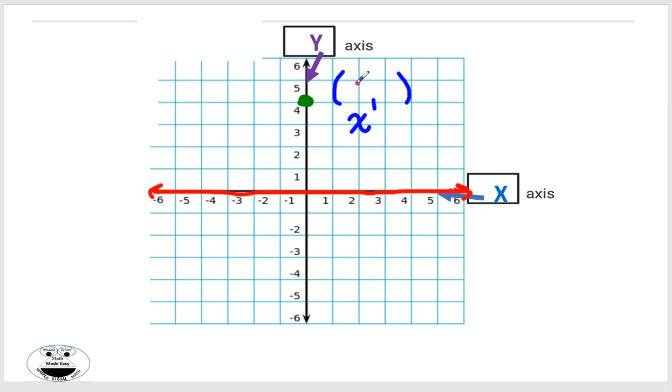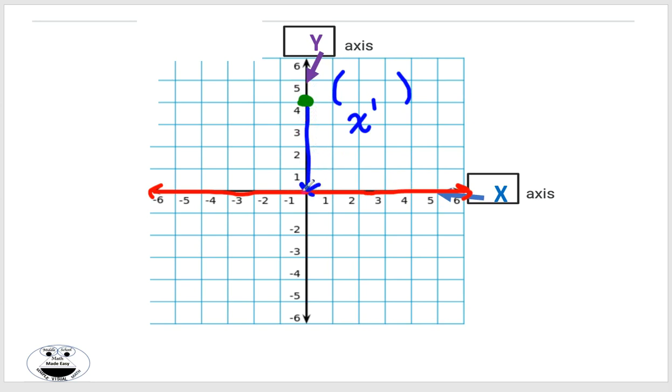What number do we put here? And what we're going to do is we're going to make a line from our point to hit the x-axis, and every time we do that, it's going to be a different direction that we're going. It's not always going to be the same direction. Here, I see if I go this direction, I will not hit the red x-axis. If I go this direction or up, it will not hit the red x-axis. So I need to go down in order to hit it, and I hit it right here.